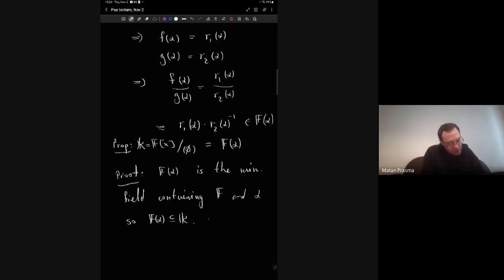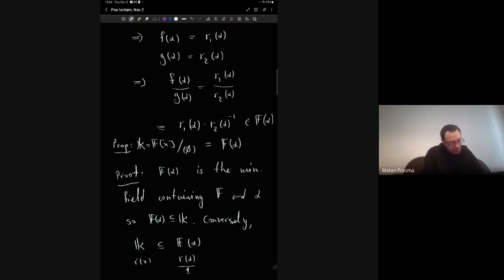On the other hand, K is simply the set of remainder polynomials R of alpha. So K is contained in f of alpha. You can take what we denoted here, R of X, and think of it as R of alpha modulo 1.